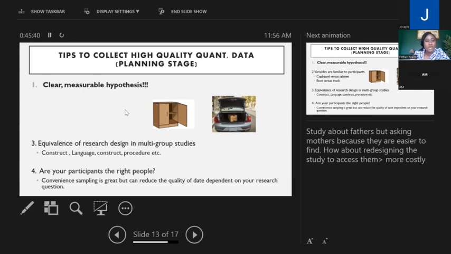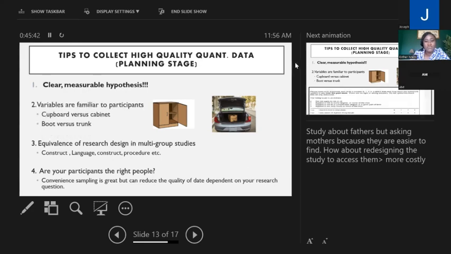For some people, it is going to be important for us to note that not everybody is familiar with the word boot. In the US, for example, they're going to call it a trunk, the trunk of the car, right? So when you are planning quantitative research and asking various kinds of questions, besides having clear, measurable hypotheses, which I've already talked about, it's so important because everything you do is based on that.